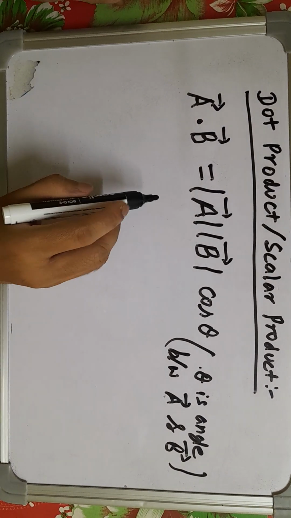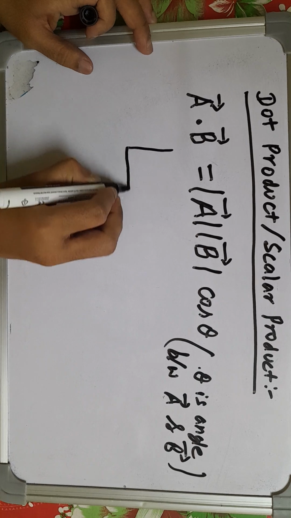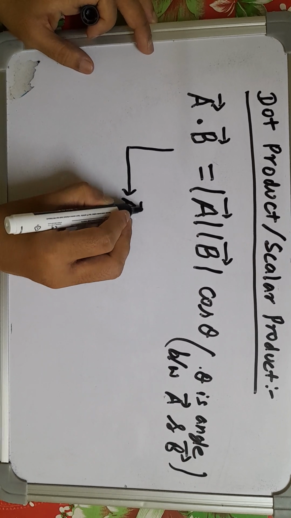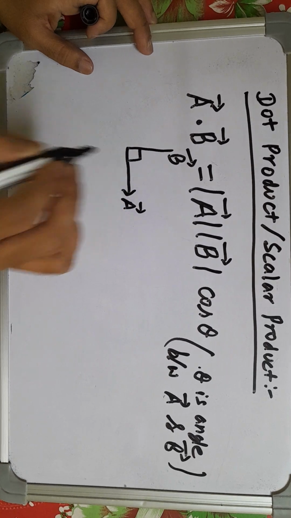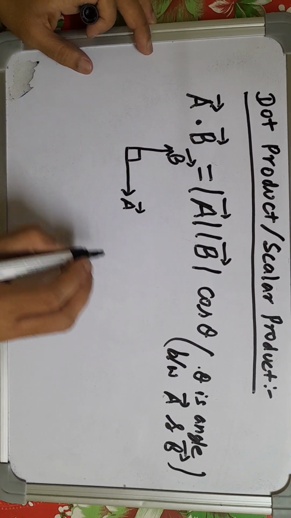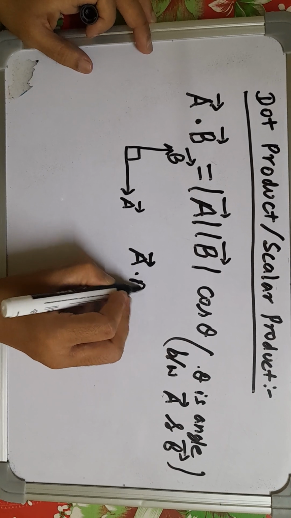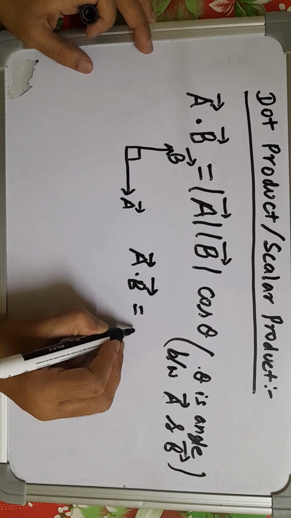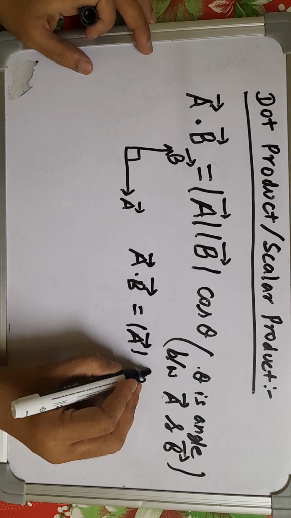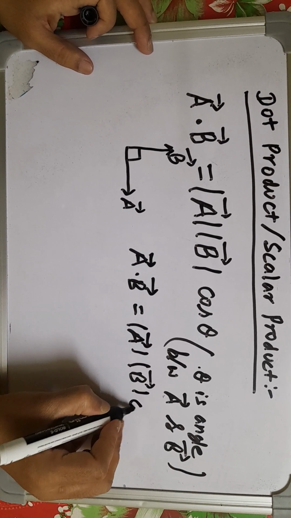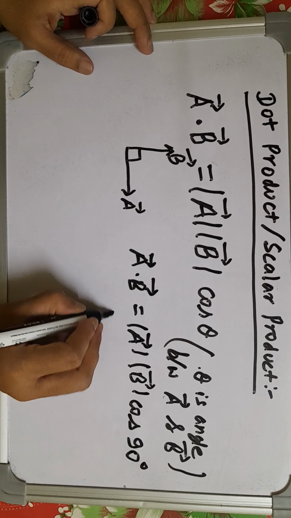Okay, now let us suppose there are two perpendicular vectors, a vector and b vector. So the angle between them is 90 degree. So a vector dot b vector will be a vector, b vector, cos of 90 degree. Cos of 90 is 0, so it is equal to 0.